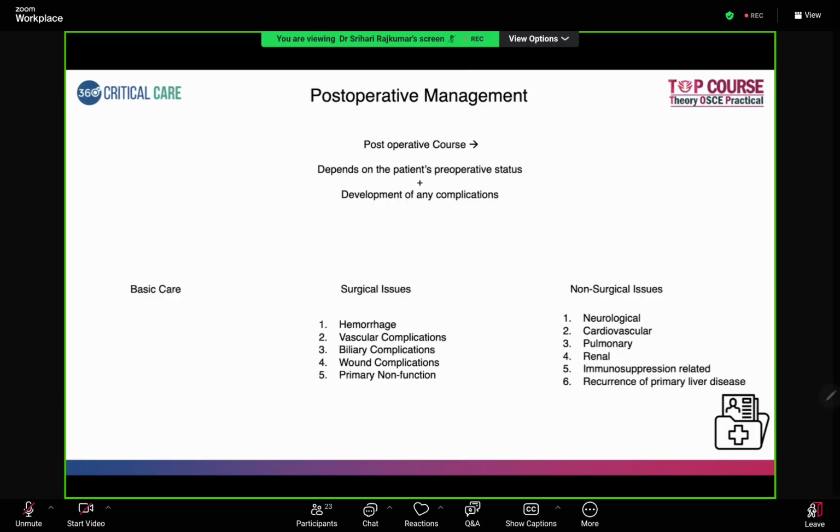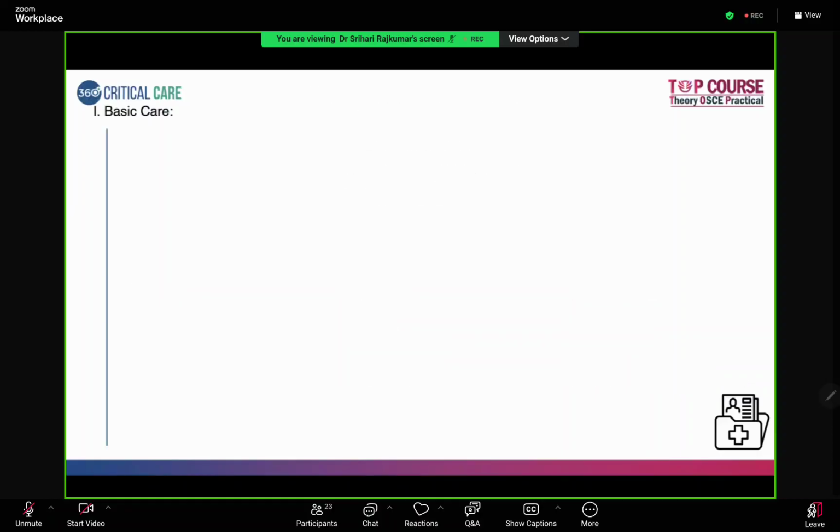Whenever you see any recipient patient, whether renal, liver, or lung, you always have to assess the patient from the perspective of complications rather than how you see a normal ICU patient, because any small complication in a recipient is going to increase morbidity and can even lead to mortality if it is not picked up on time. That is why they keep emphasizing the importance of knowing about the complications and how to go about it.